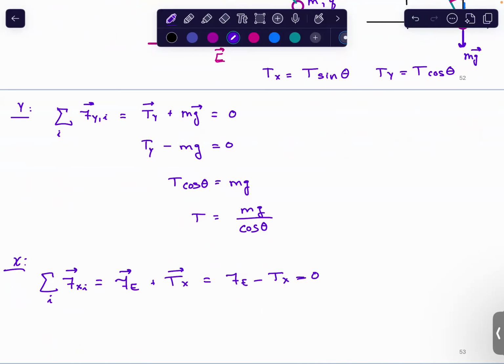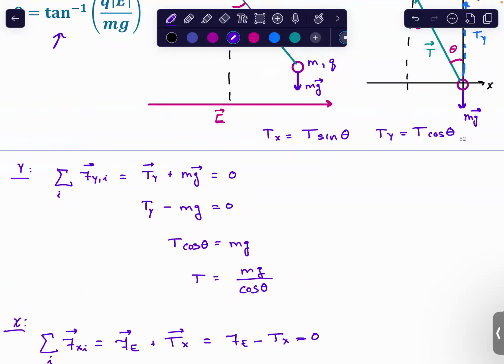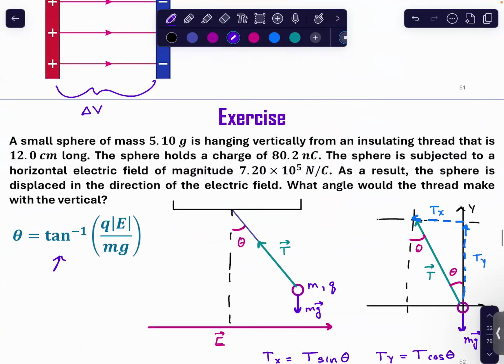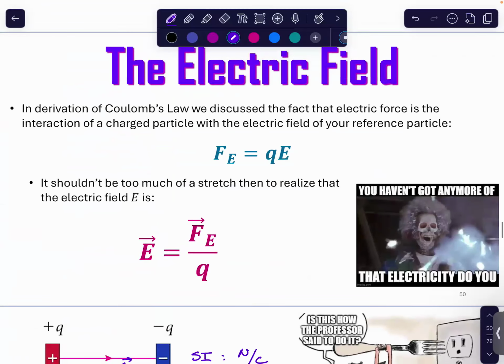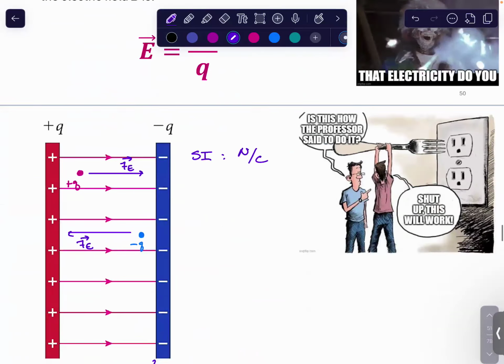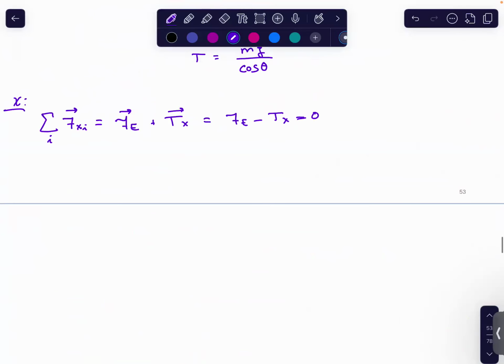We just learned electric force can be plugged in as Q times E. So the magnitude of E minus, and we know Tx is T sine of theta, equals 0.